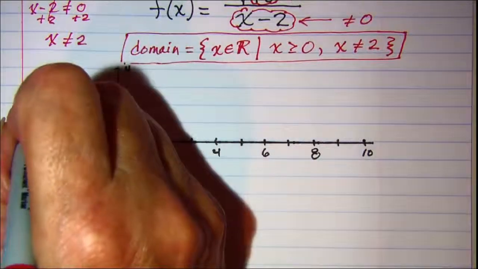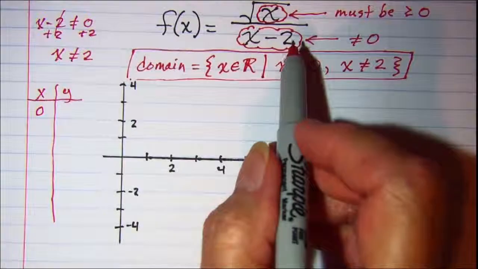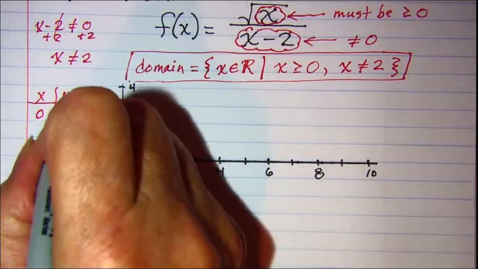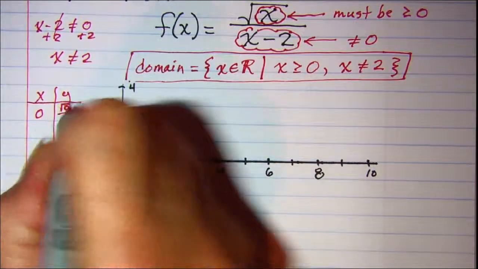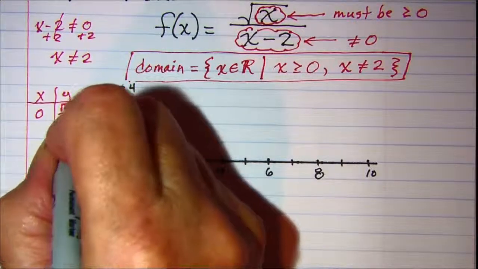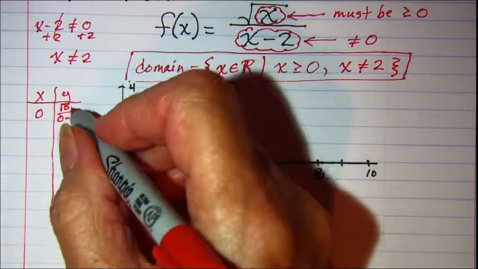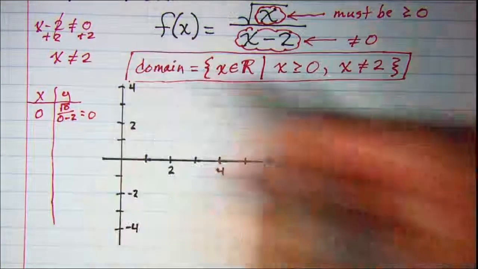So let's let x be 0. And then our function was square root of 0 over 0 minus 2. Well, 0 over negative 2 is 0.